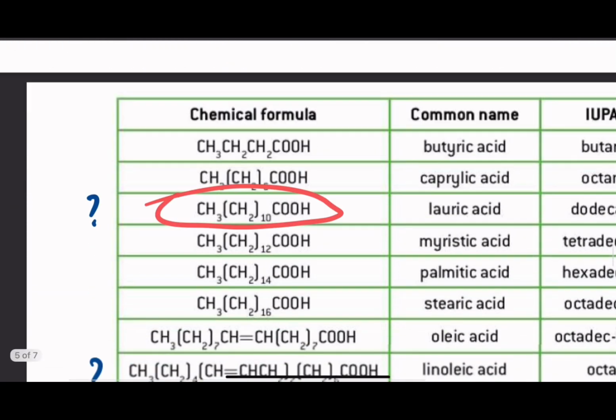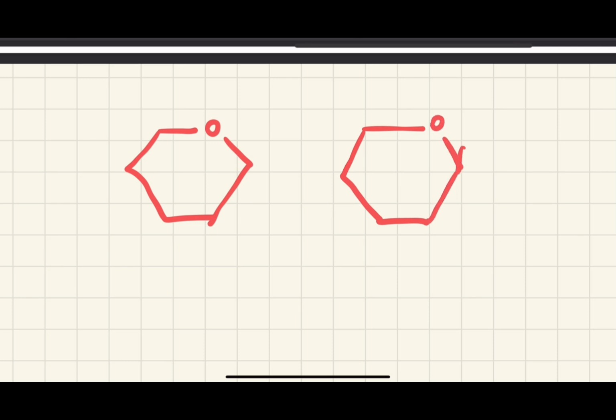So let's write alpha glucoses. We have 2 of them here. I will write 2 of the alpha glucoses. So alpha glucose looks like this.